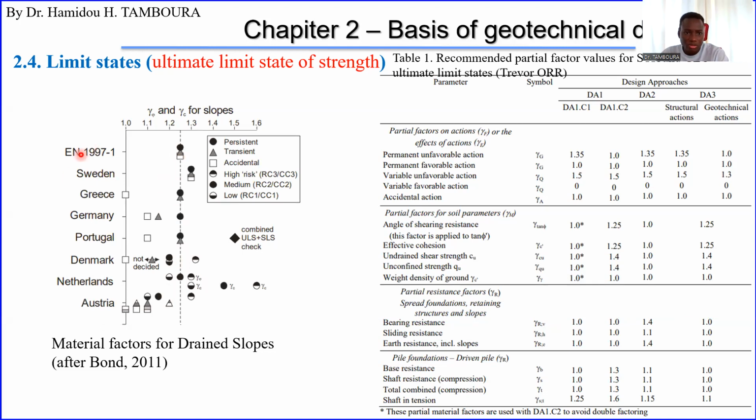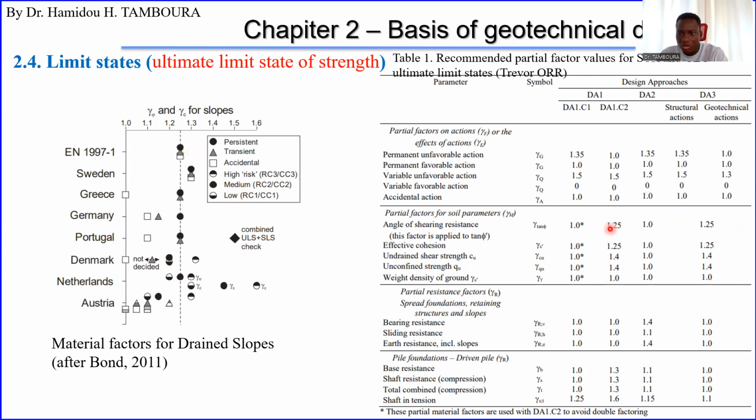But if you go to Sweden, for example, they are using this value instead. As you can see here, it's 1.25, right? 1.25, for example. And you can see here, this table is from Eurocode.